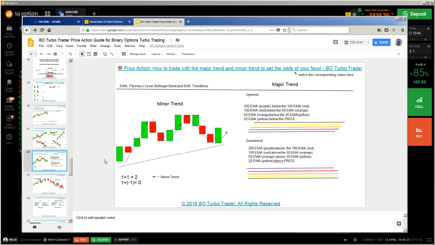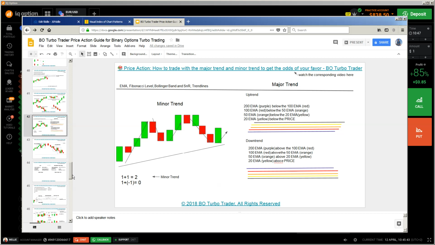And this video shows you how to identify the trend based on the EMA. The alignment of those EMAs is telling you a lot in relation to the price, where price will be heading. Okay, that was the trend identification stuff.